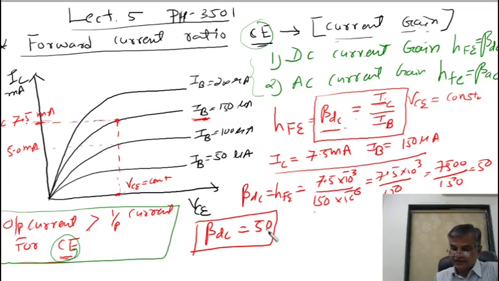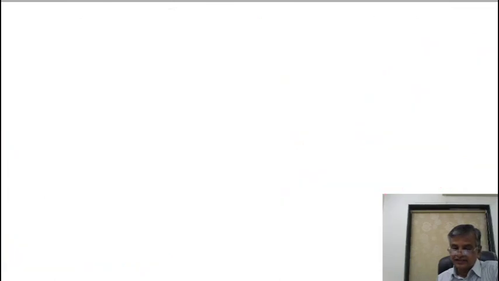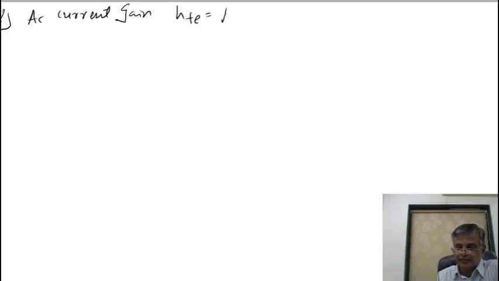Now let us take the value of the AC current gain. Second way, AC current gain. The AC current symbol is HFE or beta AC.